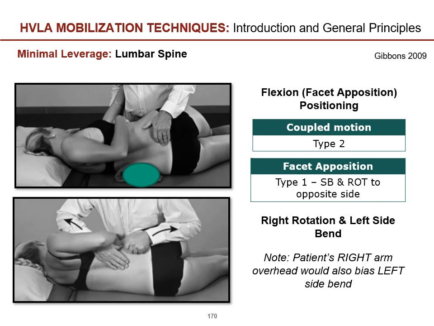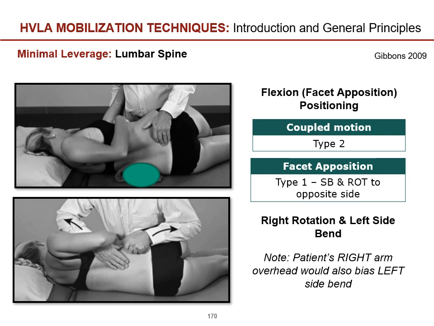A simple means of being able to do this is introducing a towel roll. You can see that the patient is positioned on top of the towel roll there, where it is introducing left side bend to produce the opposing motions or coupled motions.